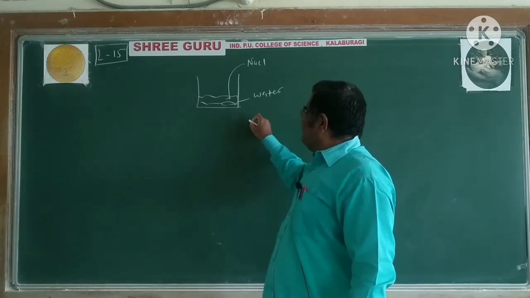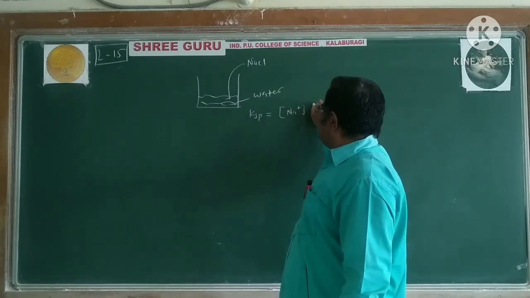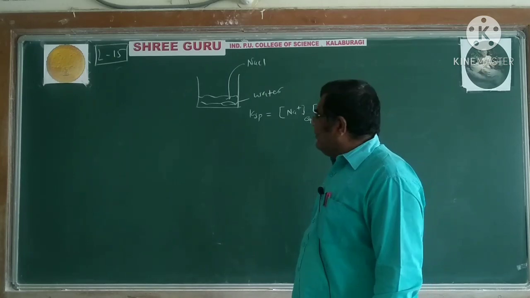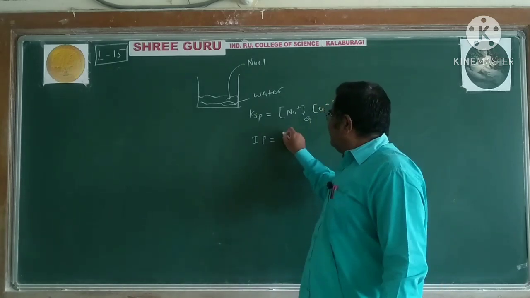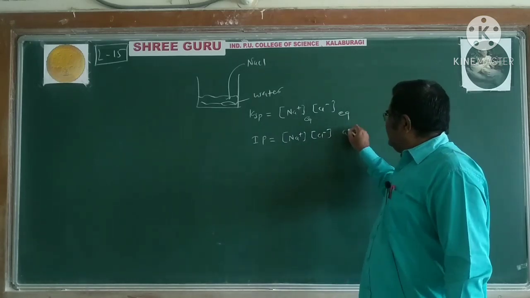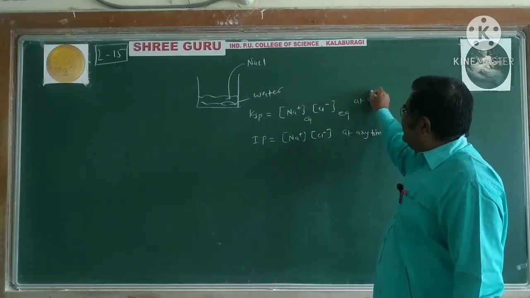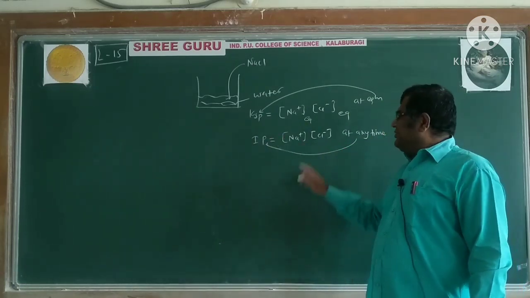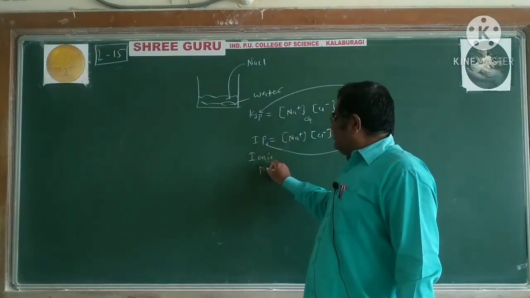So you can say the KSP is nothing but the molar concentration of Na plus ion and the molar concentration of Cl minus ion at equilibrium. But we can calculate the ionic product of Na plus and Cl minus at any time. The KSP concept is at equilibrium. And at any time, if we calculate the concentration, that will be the ionic product. IP means ionic product.